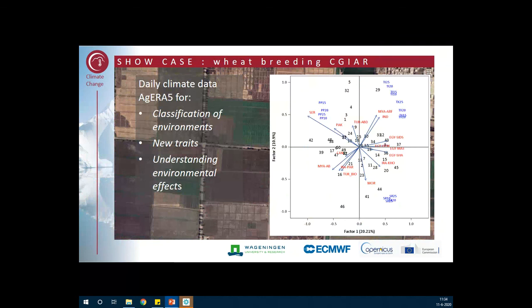This is just an example, which I cannot explain to you in detail, where we, or they, did a principal component analysis between climate factors and different crop varieties grown in different areas around the world.